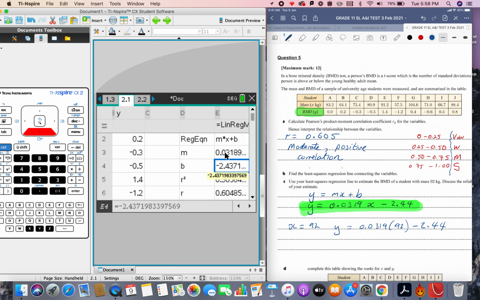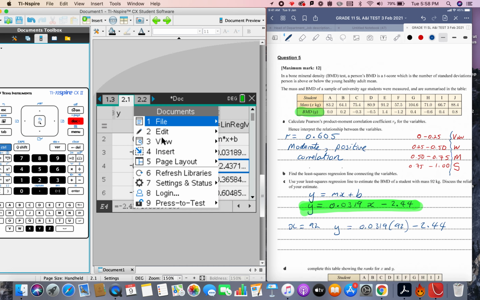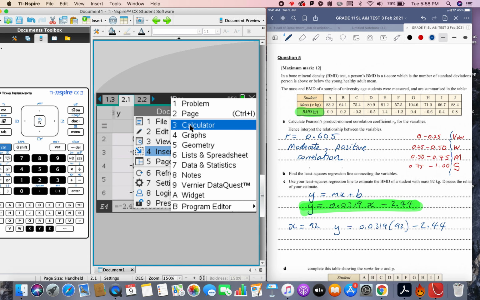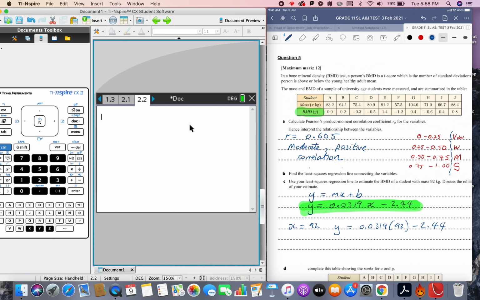We're going to go to the calculator, doc, insert a calculation page, and type this in as it is: 0.0319 times 92 minus 2.44. And we have the bone mineral density of 0.495. It doesn't say what units that's in, it just looks like a number, and that will be to three significant figures.